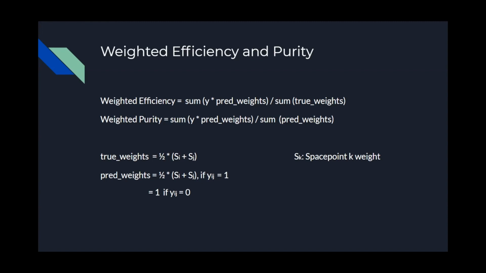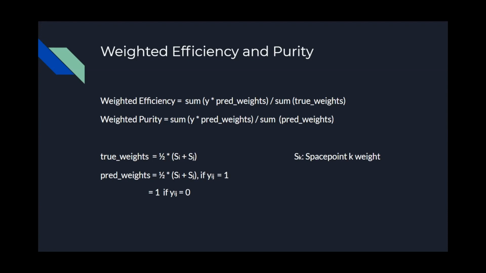I'll just describe what the true weights and the pred weights are, since the weighted efficiency and weighted purity are quite straightforward to follow. The true weights is the average of the two space points that represent the edge. And the pred weights is the average of the two space points when the edge is a true edge, and it's just one if it's a false positive.